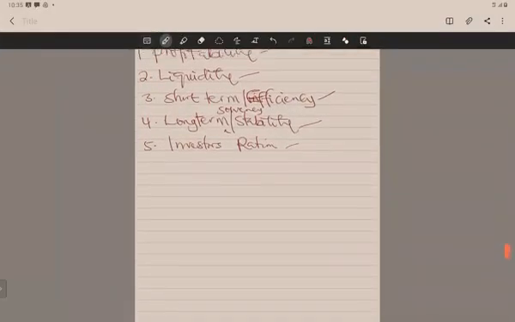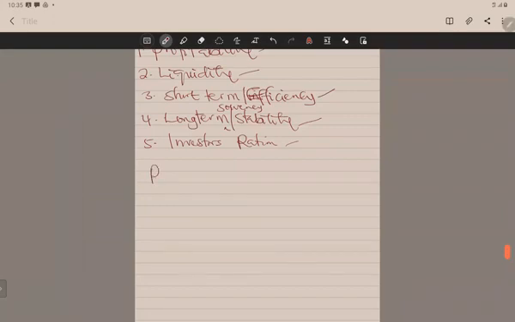But let's do it like this. Let's have our ratio analysis. I want to give you the clue to actually stick with. The first one is profitability.